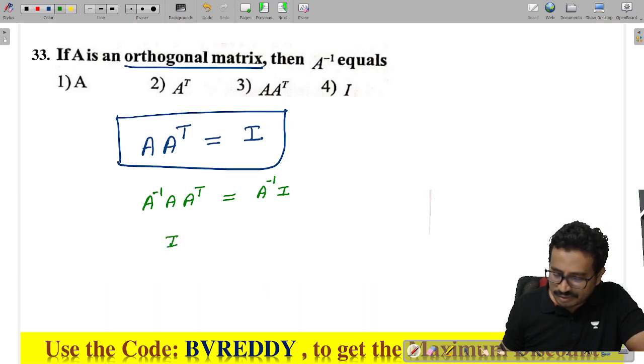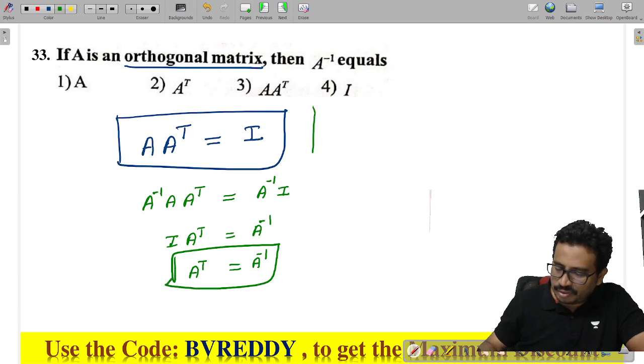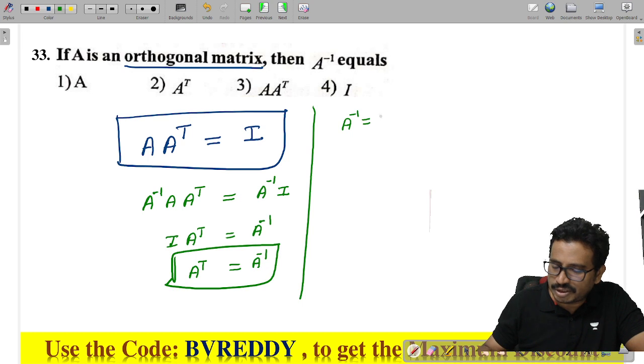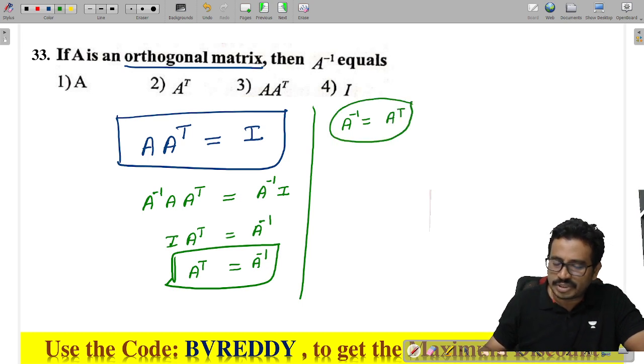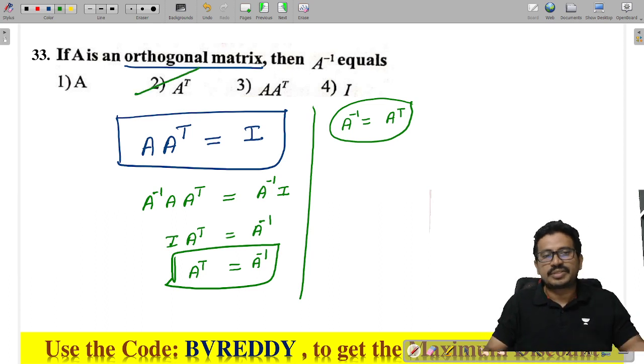I matrix into A transpose is nothing but A inverse. So A transpose is equal to A inverse. For an orthogonal matrix, the inverse of the matrix is simply its transpose only.